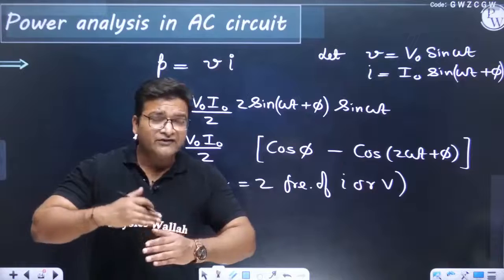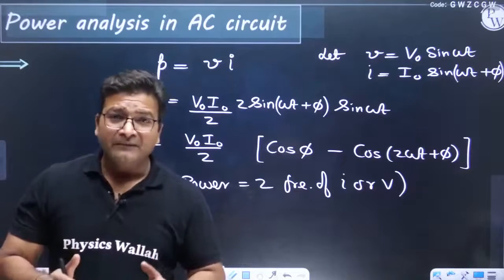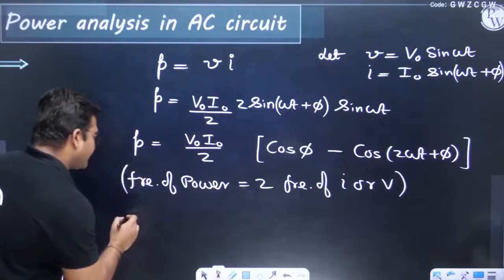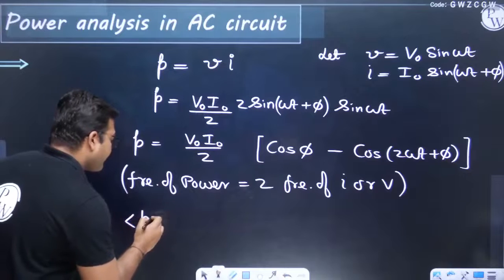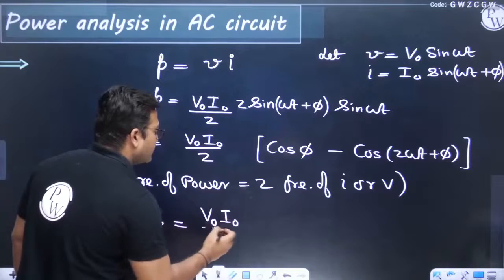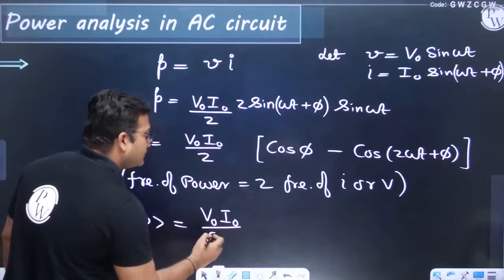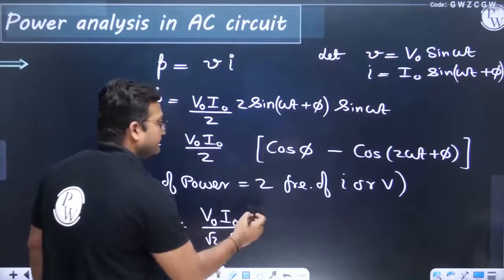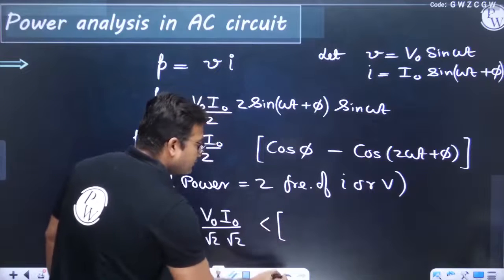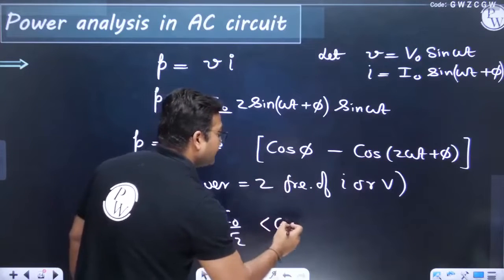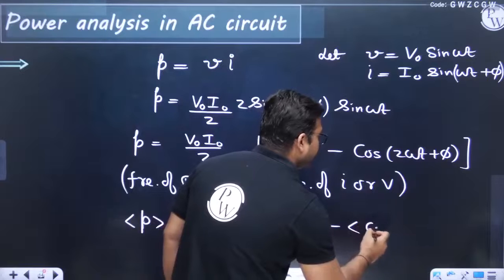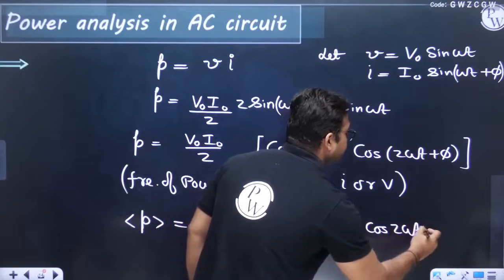Now, as the power is varying with a very high frequency, we'll be mostly interested in average power. Okay, so if we calculate the average power, this is a constant V naught I naught by 2. 2 can be written as root 2 times root 2, and the average of this term would be the average of the first term, that is cos phi, minus the average of the second term, which is cos 2 omega t plus phi.